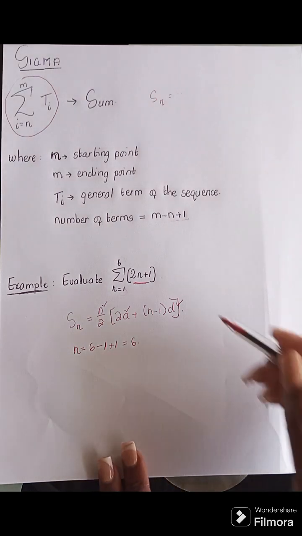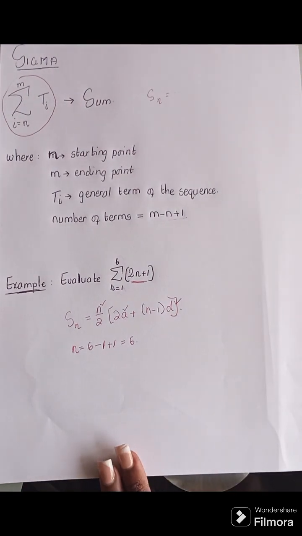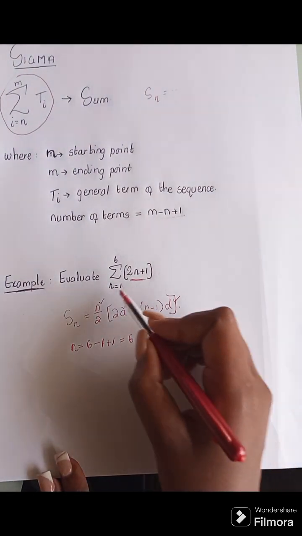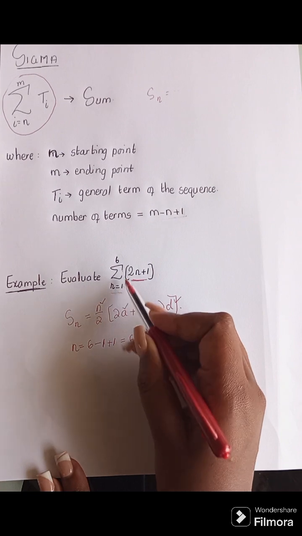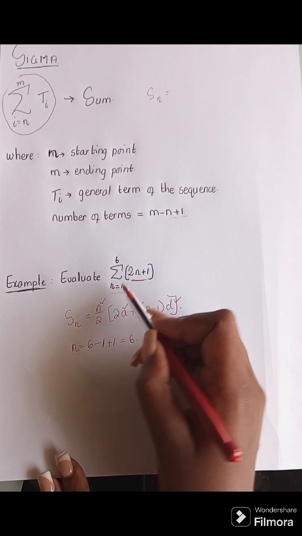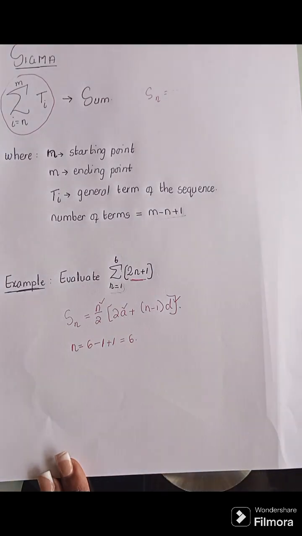Okay, then let's move on to finding a. From the sigma notation, we are told that we have to start at 1. So our a is going to be at the point where n is equal to 1.